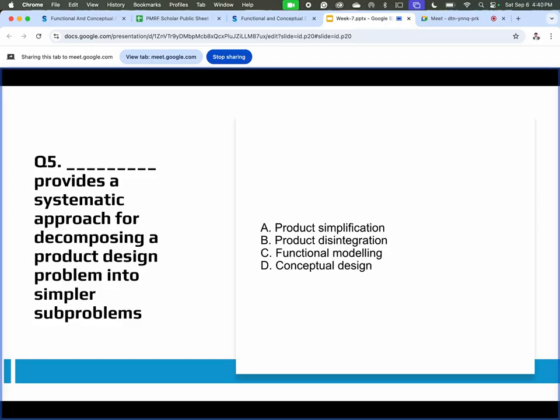Okay, so functional modeling is the formal method for breaking down a complex product design problem into smaller manageable sub-problems. Instead of jumping directly to physical parts, it focuses on functions, what the product must do. For instance, in an electric fan, functions include convert energy, rotate blades, and move air.